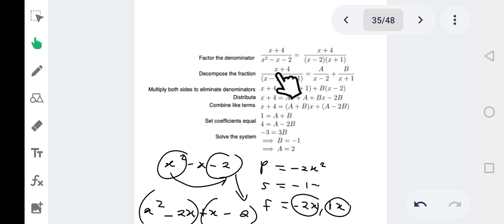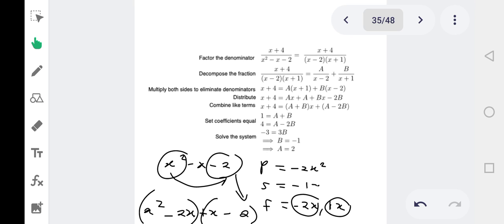We factorized this into x minus 2 and x plus 1, which means these are linear factors. So the formula for linear factors will say a over the first factor x minus 2, plus b over the second factor x plus 1. A and b are unknown values, so don't be confused.